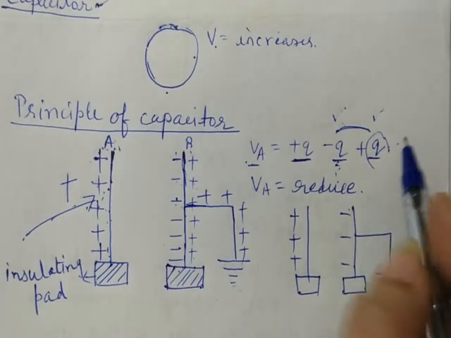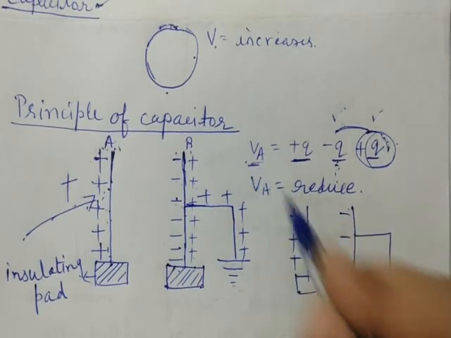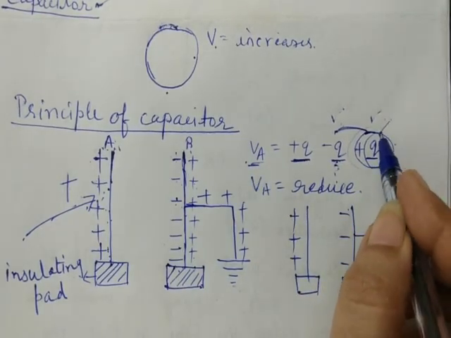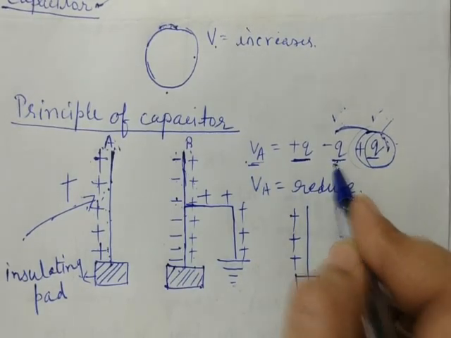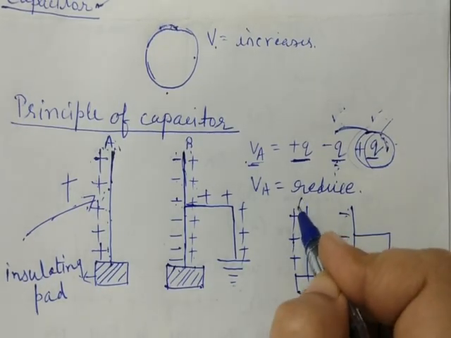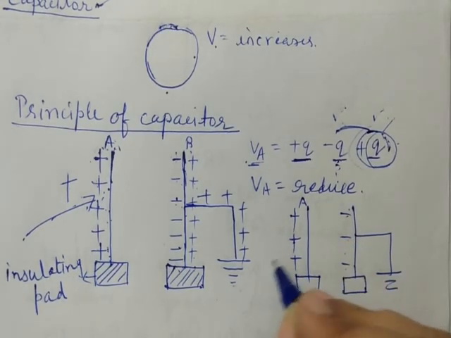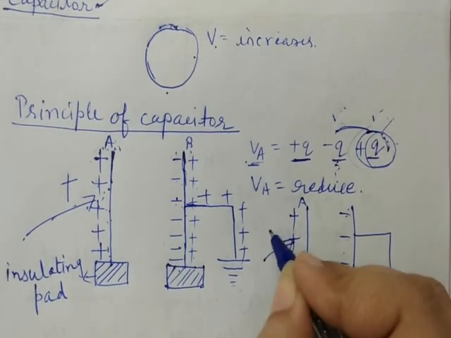So now this charge which was contributing to the potential of A is no more there, and only negative charge is present, so it will further reduce the potential of plate A. And now to increase its potential up to the previous value, we can supply more charge.